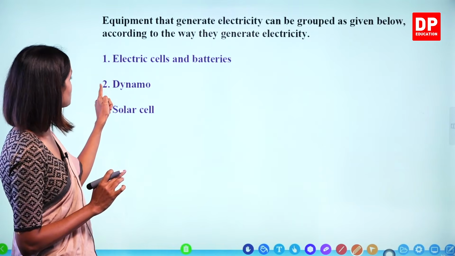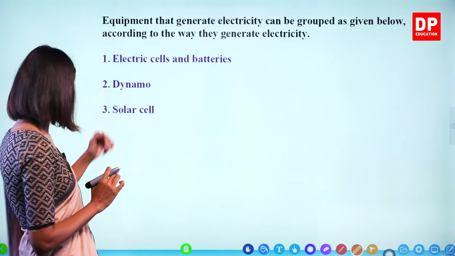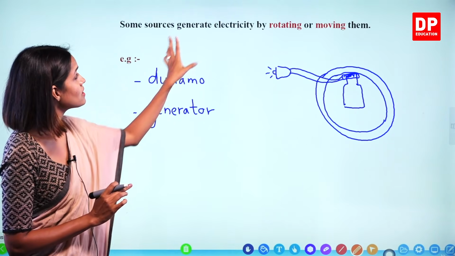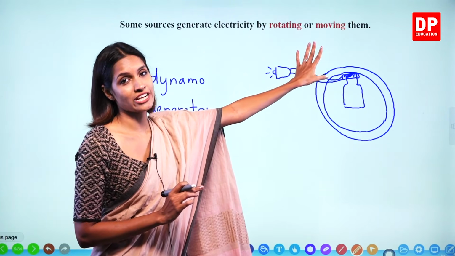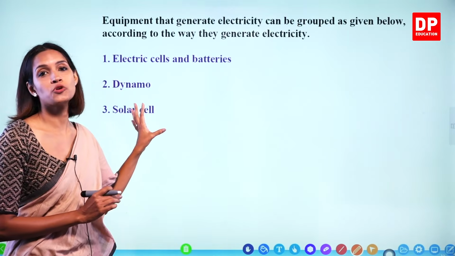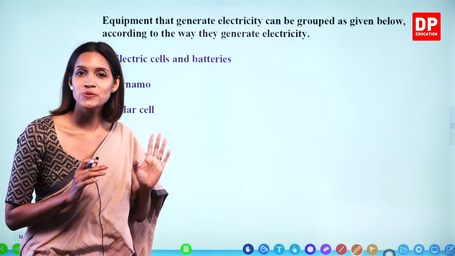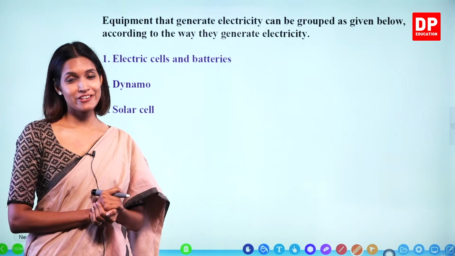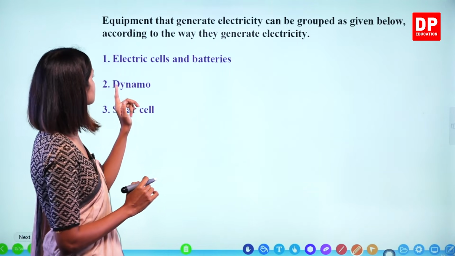Okay, and number two, dynamo. We learned about the dynamo. How do these dynamos generate electricity? By rotating or moving. Okay, and the third group is solar cells. We all know that solar cells generate electricity by using solar energy. Okay, we will write these things.